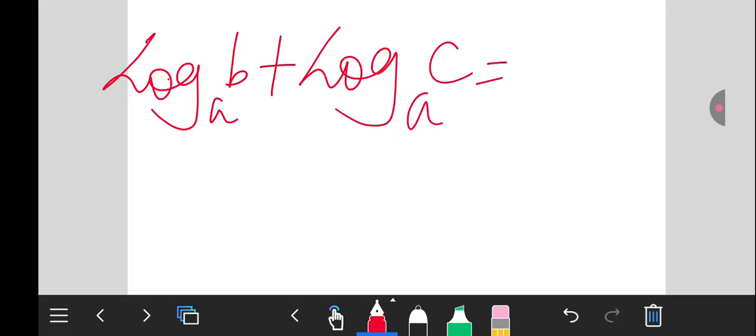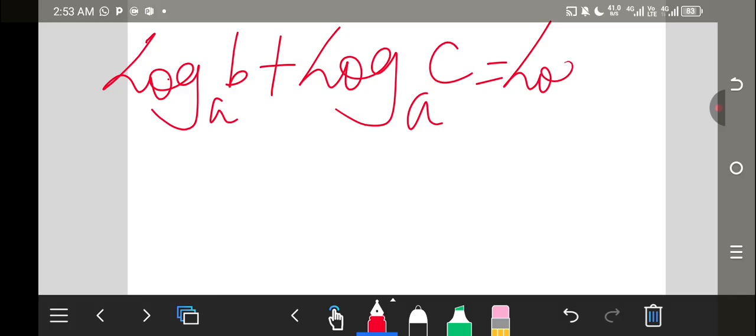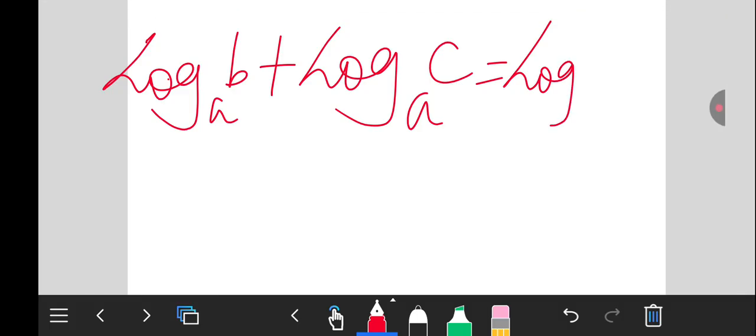So how can we work out this? So this is simply equal to log, you just multiply the two logs. So b multiplied by c, and you maintain the same base. So this is the law of addition.